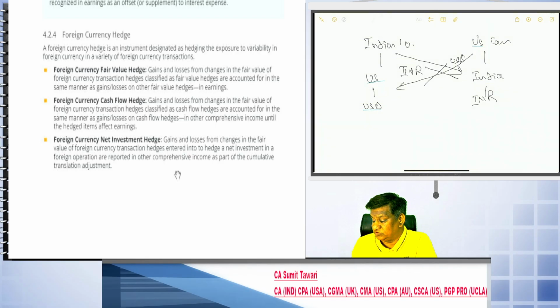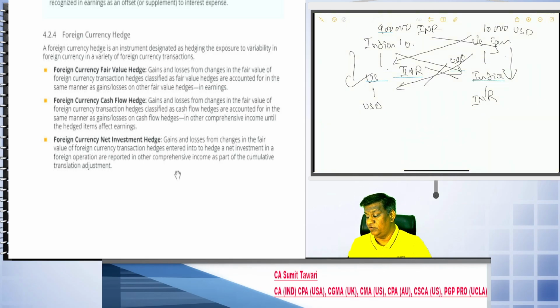Say the Indian company takes a loan of 900,000 INR, and the US company takes a loan of 10,000 US dollars. They give 10,000 US dollars to the Indian company, and the Indian company gives 900,000 INR to the US company. Then it is repaid subsequently like this.